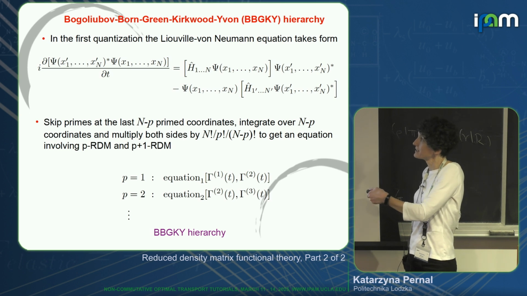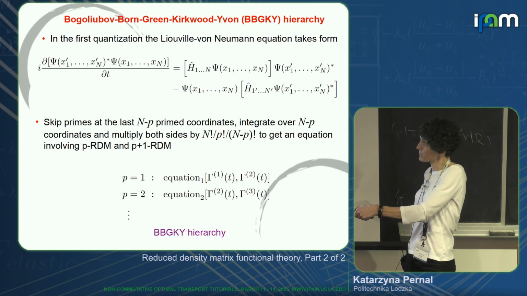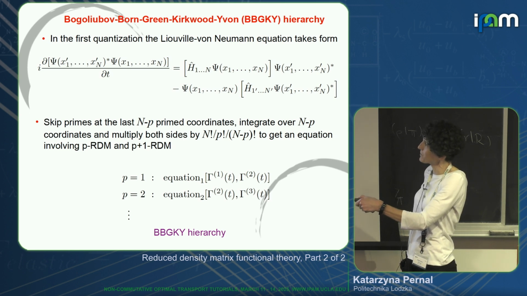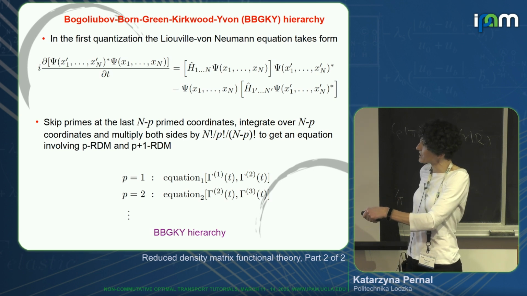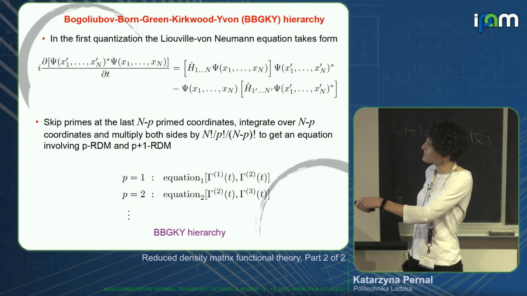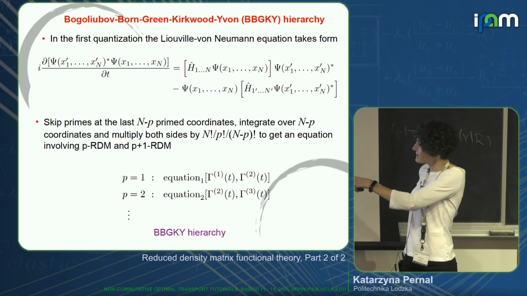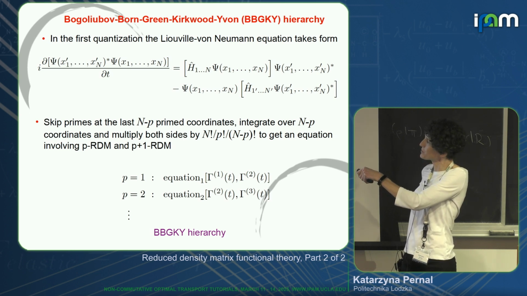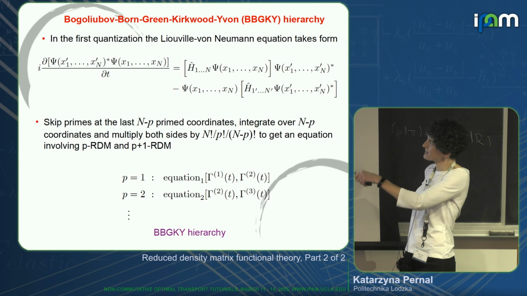So if we do it for a given p, let's say for p equals 1, so we integrate both sides with respect to n minus 1 coordinates, we will end up, you can verify it easily, with the equation which on the left-hand side involves one electron reduced density matrix. And on the right-hand side, there will be a 2-electron density matrix appearing, right? If you integrate this equation with respect to n minus 2 coordinates, you end up with the equation which involves 2 RDM and 3 RDM. 2 RDM on the left-hand side, 3 RDM on the right.